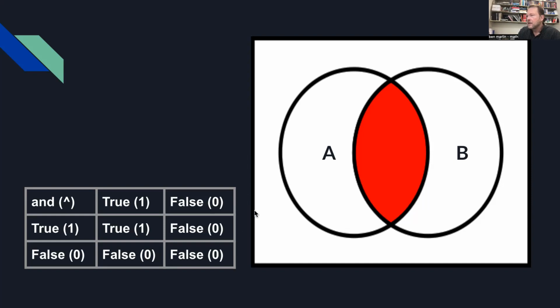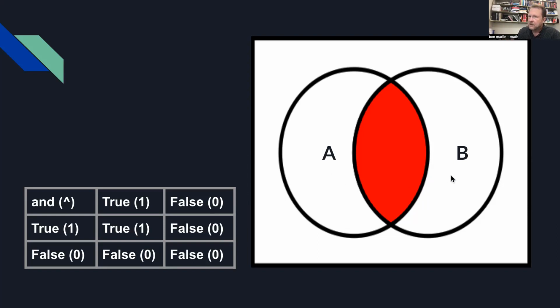So if you want to talk about this in a picture sense, the stuff where we talk about X is in A and X is in B, the stuff that's in both is X is in A and X is in B. If you talk about X is in A, but X is not in B, you get this stuff over on the left.